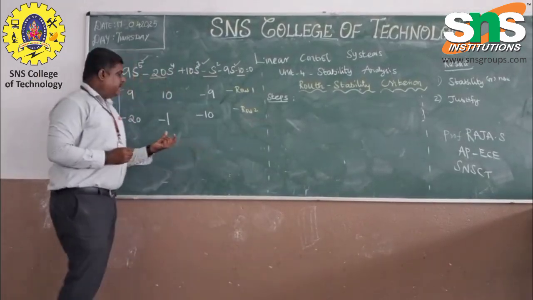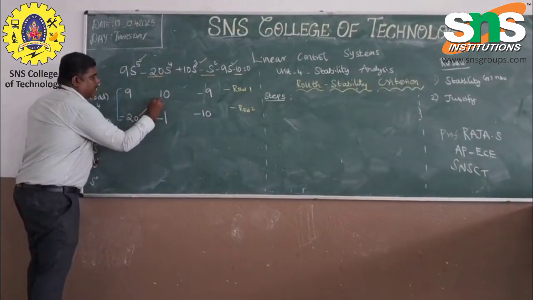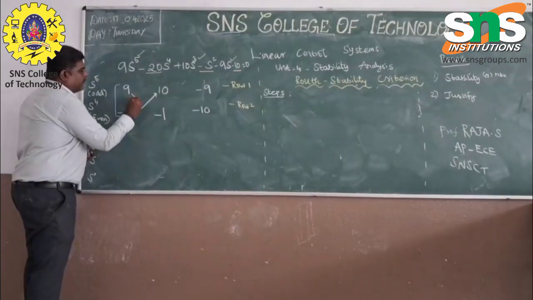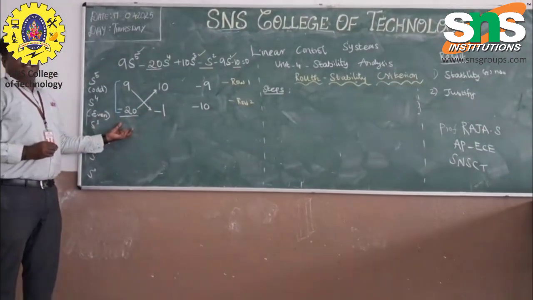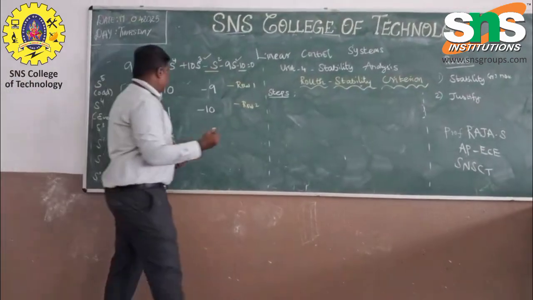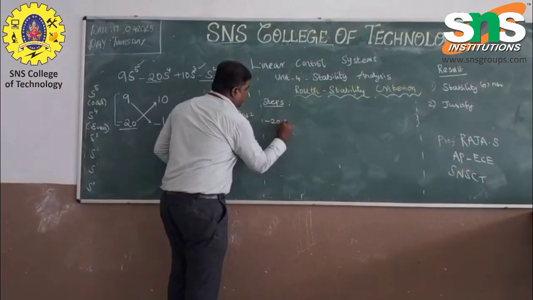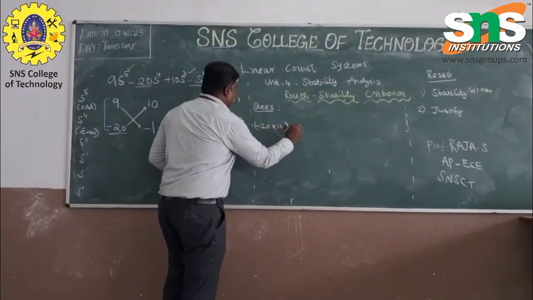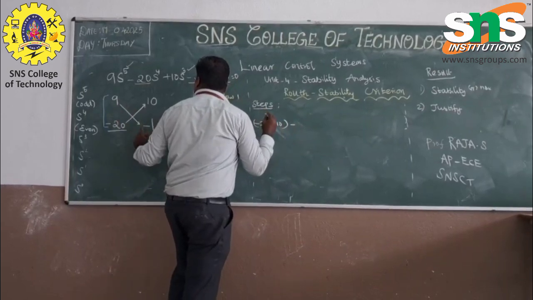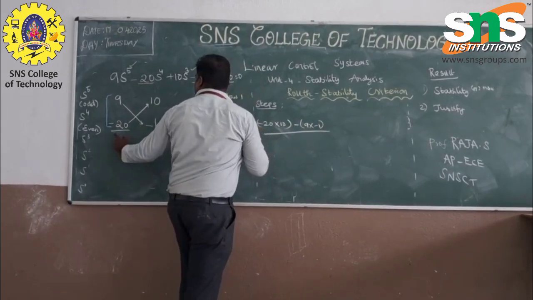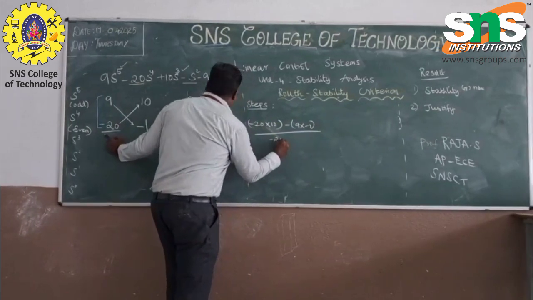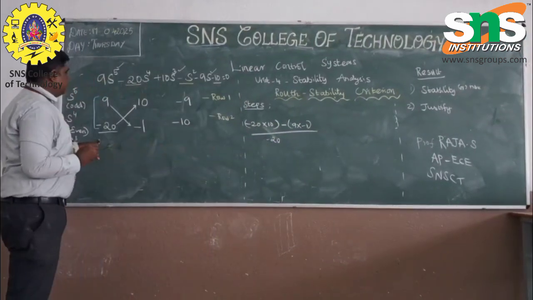Clearly see: downwards into upwards minus upwards into downwards, divided by the first term of the lower row. So I am writing here minus 20 into 10 minus 9 into minus 1, divided by the lower term minus 20. This will give the first term of s power 3.